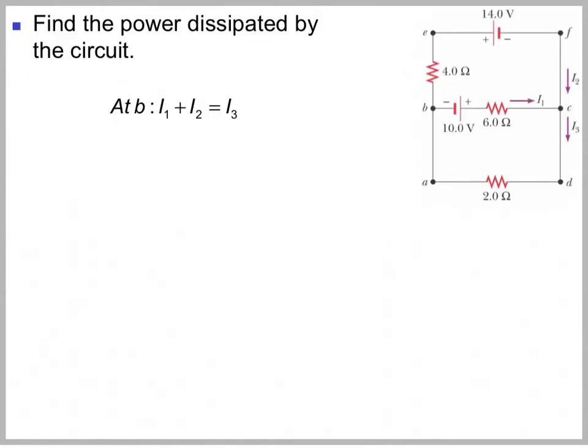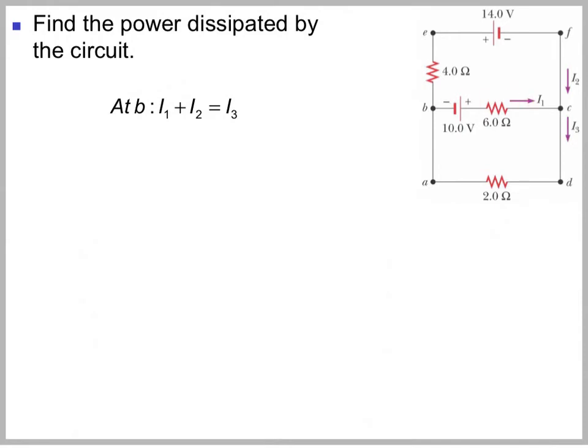So, first thing we're going to do is start applying the junction rule. So, I come around here, B. I've got a junction at B. So I look at the currents going in and the currents coming out. Going in, I got I3 coming all the way around here. And so at B, I3 is going in, I2 is coming out, and I1 is coming out.